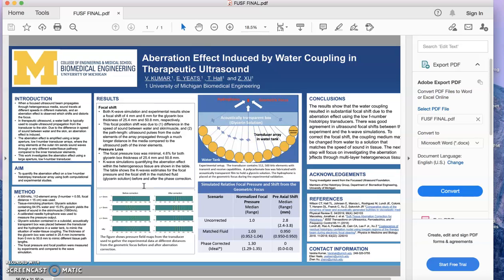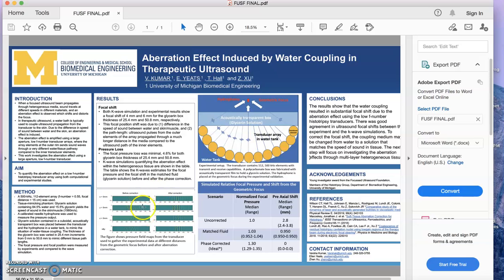You can see in the table here the k-Wave estimates for the focal pressure and the focal shift in the matched fluid before and after the phase corrections were applied. Uncorrected was normalized to 1, and in the matched fluid we were able to gain some of the focal pressure back, and then with the phase correction we got to about 4.3.